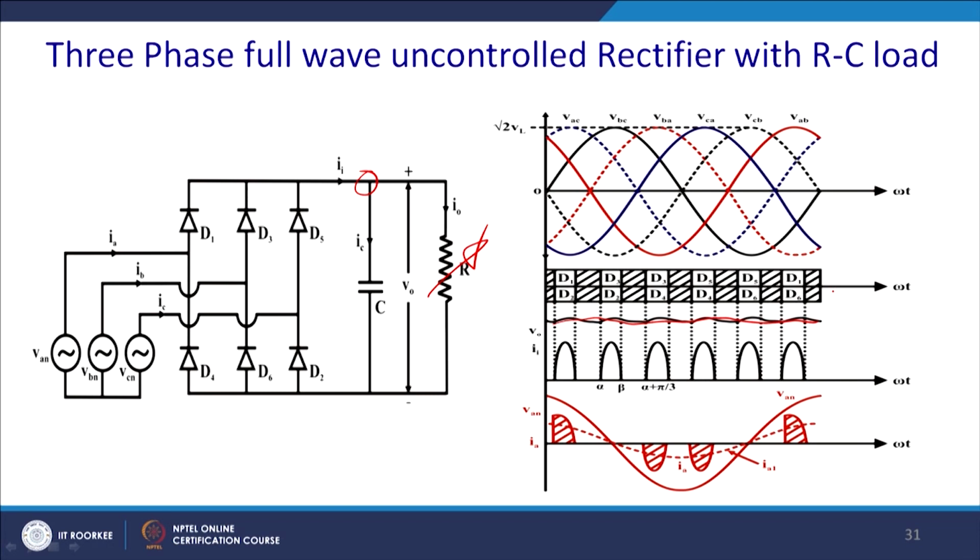Until the input voltage is more than this voltage, the diode will not be forward biased and no current will flow, so the current might be peaky. D1 and D2 will conduct for a very small interval of time, from alpha to beta.